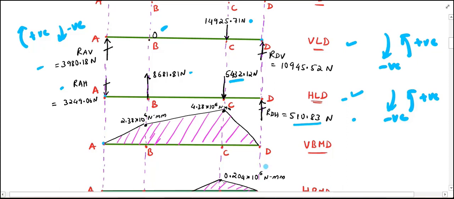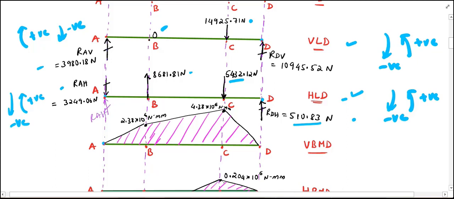Similarly, if I take the moments about D, the RAH value is taken as positive, and these are taken as negative. Initially RAH is considered as acting downwards; this is the initial position of your RAH.